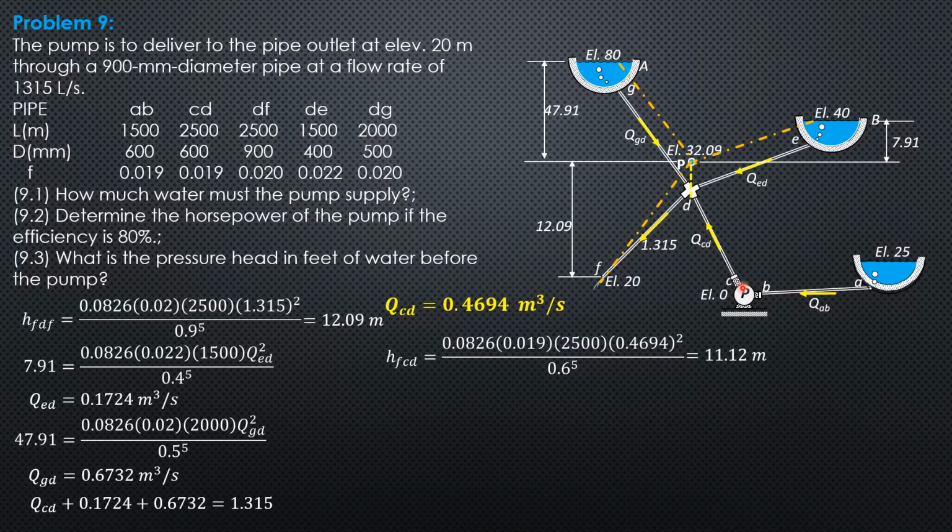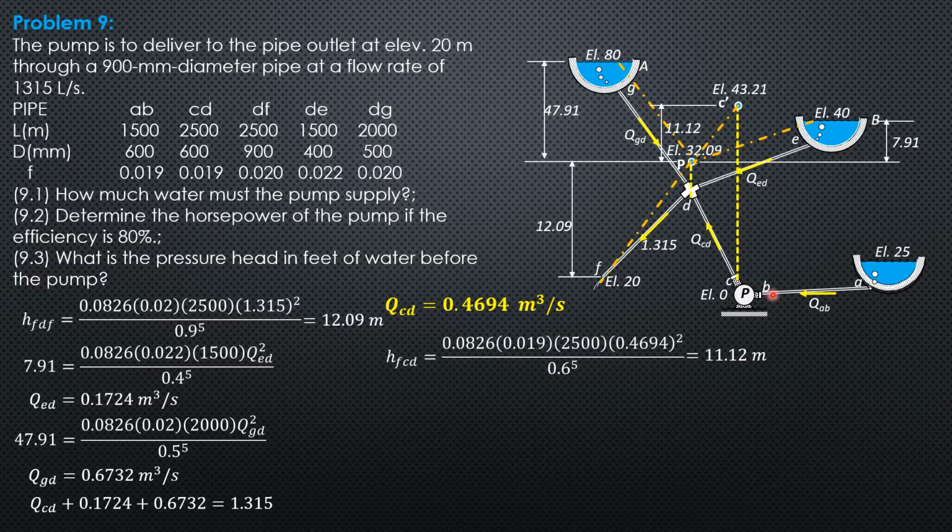The piezometric level at C, because the flow direction is towards D, should be higher than 32.09. So that's C prime. Then the vertical distance between these two energy levels would be 11.12. So the elevation there is 32.09 plus 11.12, and that is equal to 43.21 meters.